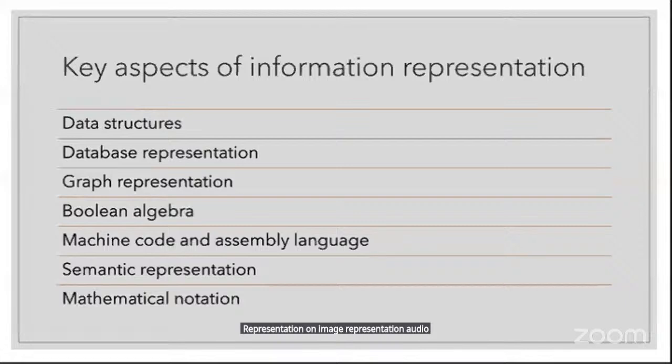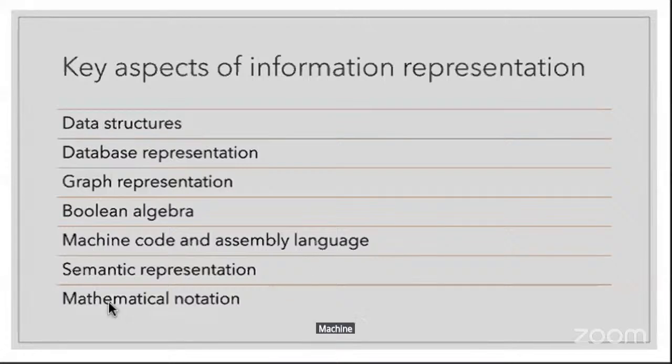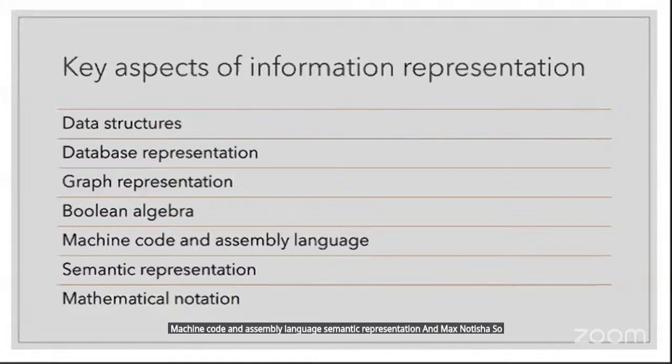Next slide, data structure. They are still a continuation. Database representation, graph representation, Boolean algebra, machine code and assembly language, semantic representation, and maths notation. So we are going to look at them one after the other.